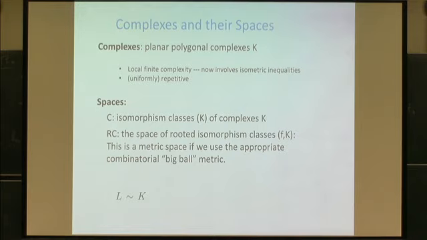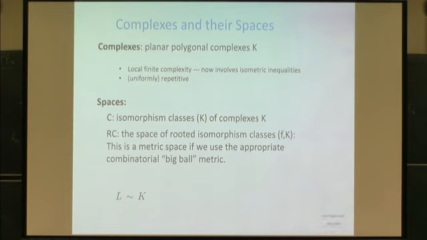But as is typical, you have to start talking about rooted ones when you talk about a topology on these. So we put a metric space topology on the rooted isomorphism classes, where we use what in that field they call the big ball metric.